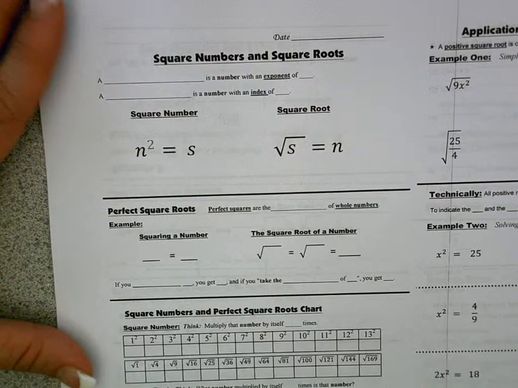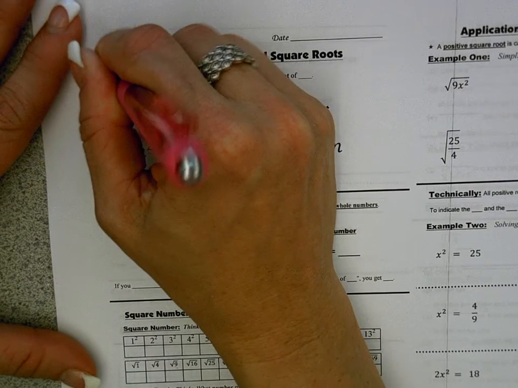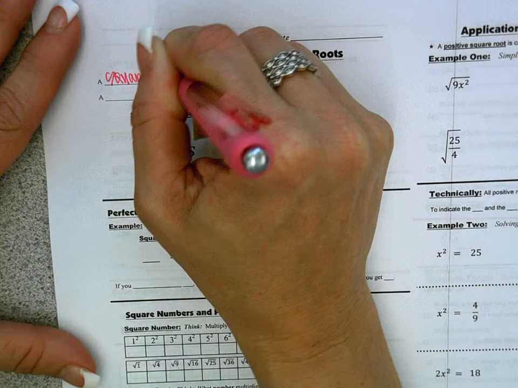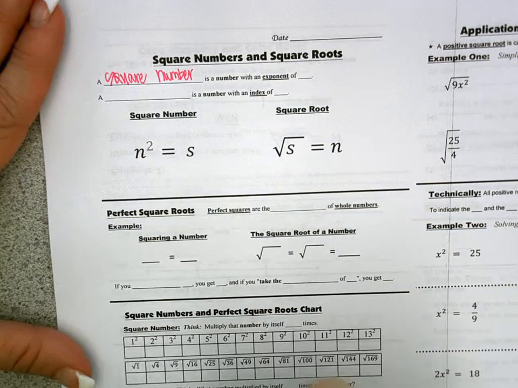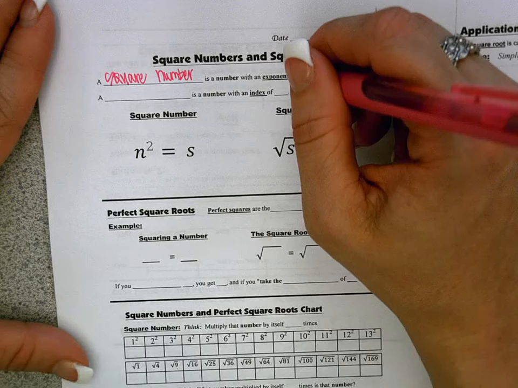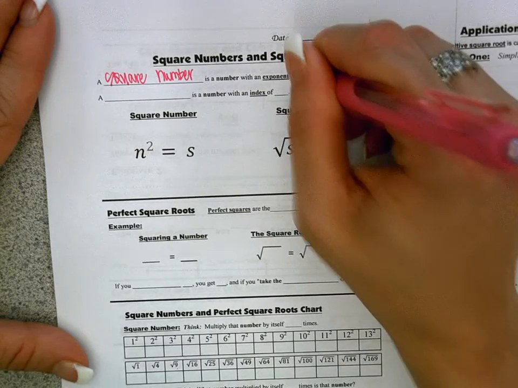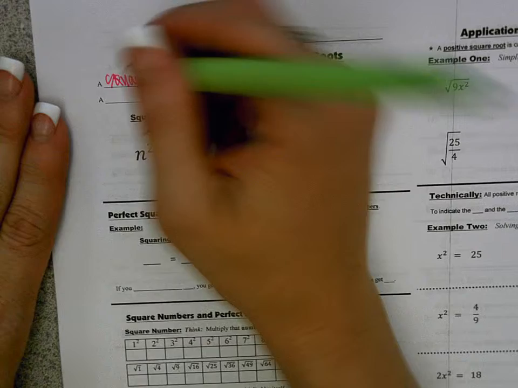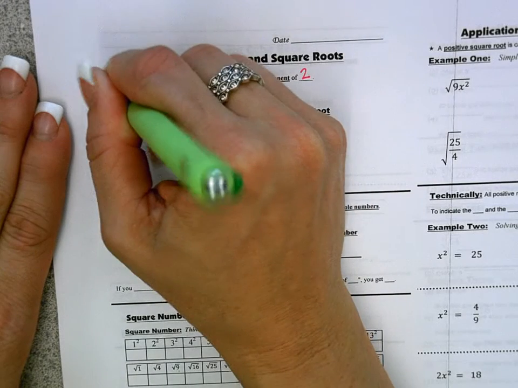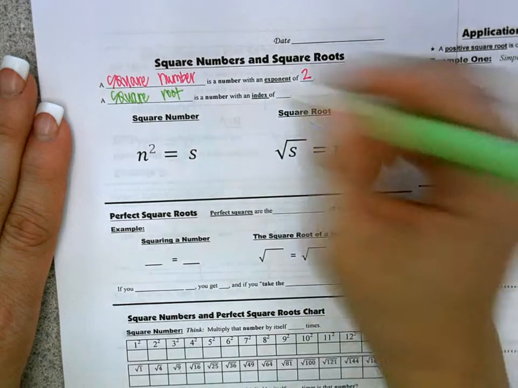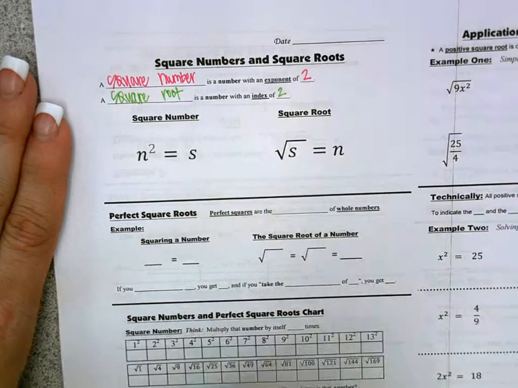First thing you need to remember is that a square number is a number with an exponent of what? Something squared has an exponent of 2. Not a trick question. A square root is a number with an index of 2.